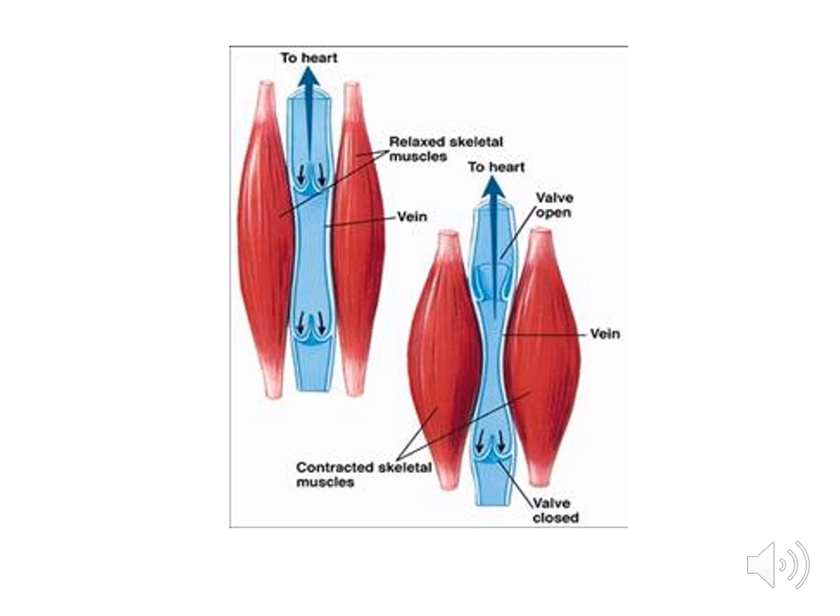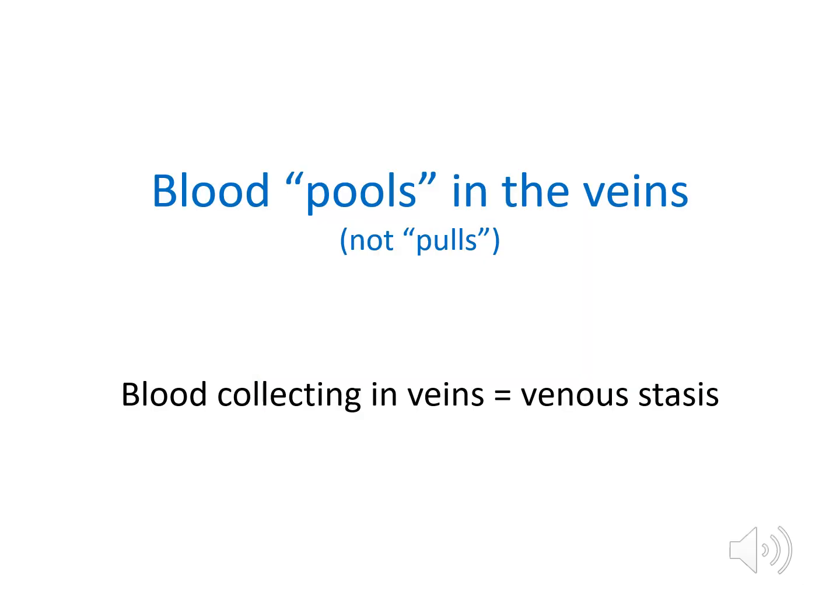And so we end up with what we call venous stasis. Do you know what stasis means? Stasis means stagnant. It's not moving. So if your blood is not moving through the veins back towards the heart, but it's just pooling in the veins, that's what we call venous stasis.